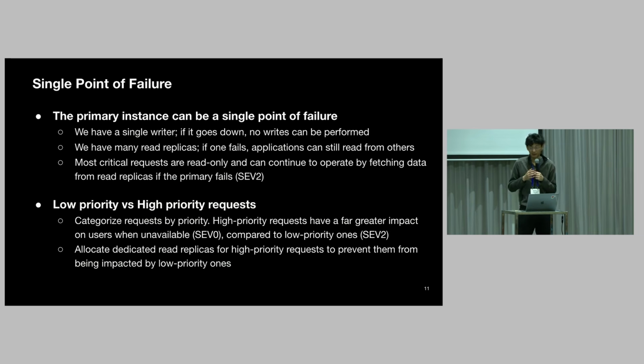So we allocate dedicated replicas for the high priority requests to prevent them from being impacted by the low priority ones. If the low priority requests have some very expensive queries or a spike of some queries, we don't want them to impact the critical service. So that's why we have dedicated replicas for the high priority requests.